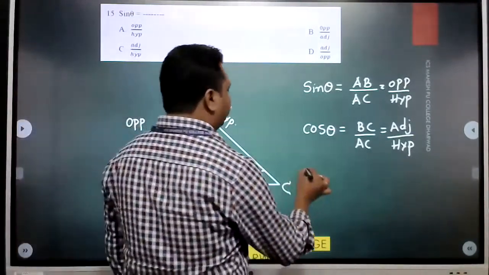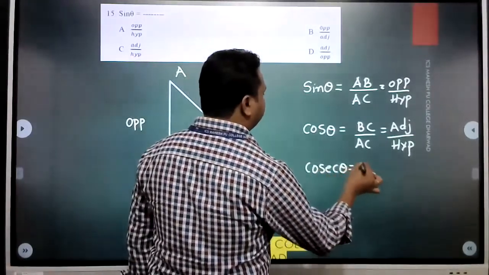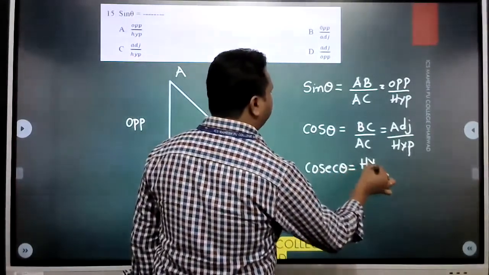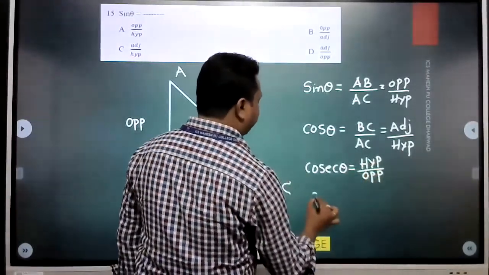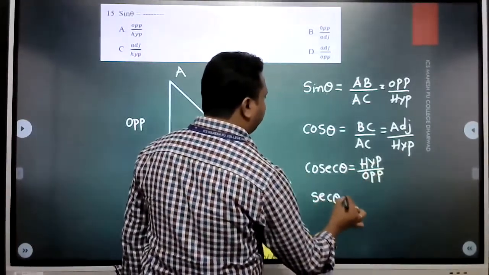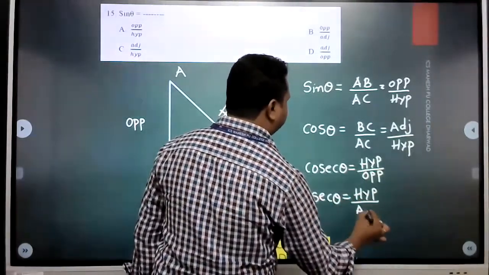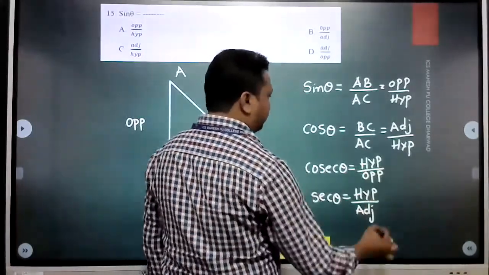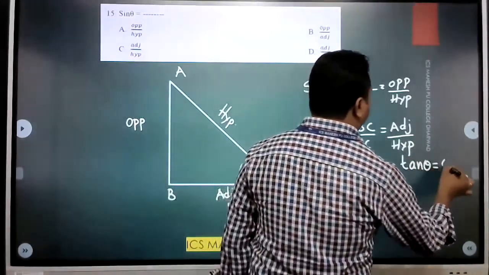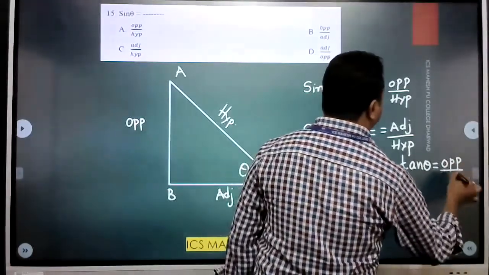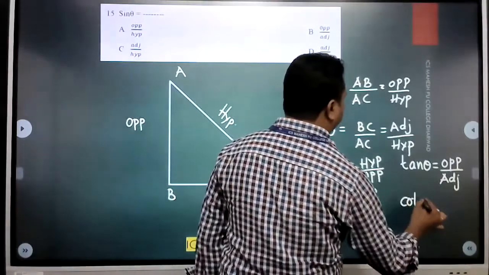So let me take first cosecant theta. What is cosecant theta? That becomes hypotenuse upon opposite, which is the reciprocal of the sine function. What is secant theta? Reciprocal of the cos function, hypotenuse upon adjacent. What is tan theta? Sine by cos, meaning opposite by adjacent. What is cot theta?